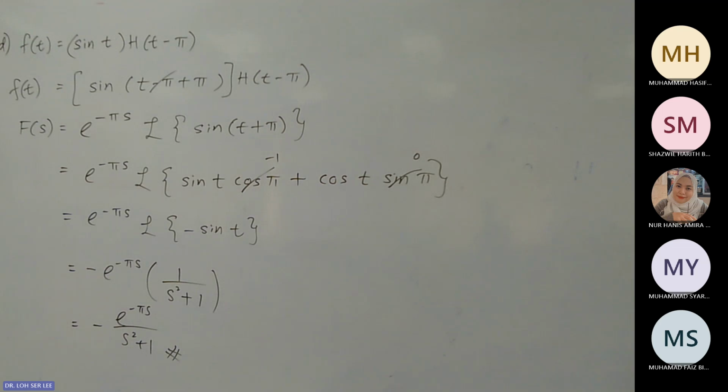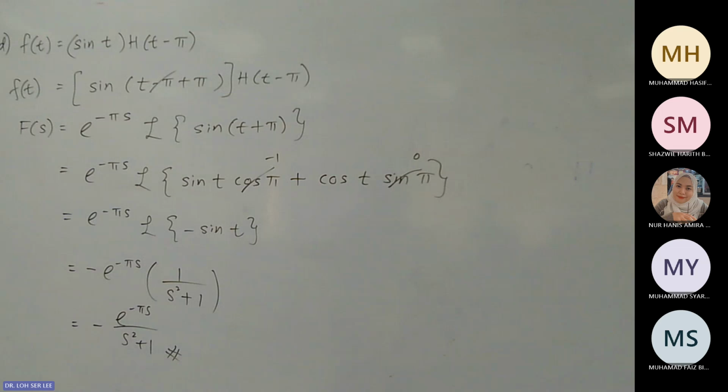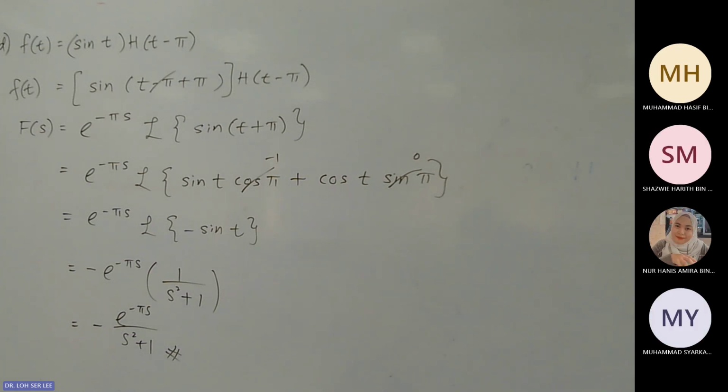Okay, any questions? Oh, for this one, this one squared. This way, yes. This one, 2 times 3 times 1 gets 6. Well, thank you.